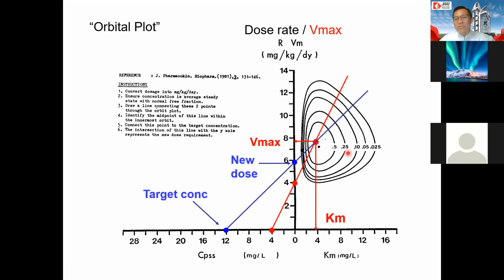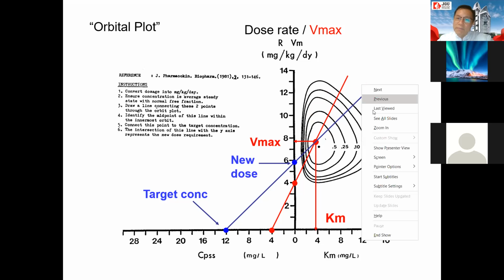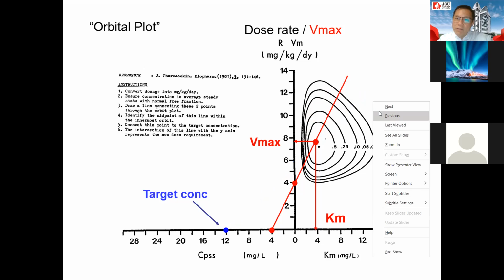Actually, you don't need to use this also. But this is good when you have only one set of data, meaning one concentration and one dose. Then you can use this. Otherwise, you can always use the population data and go into this formula.